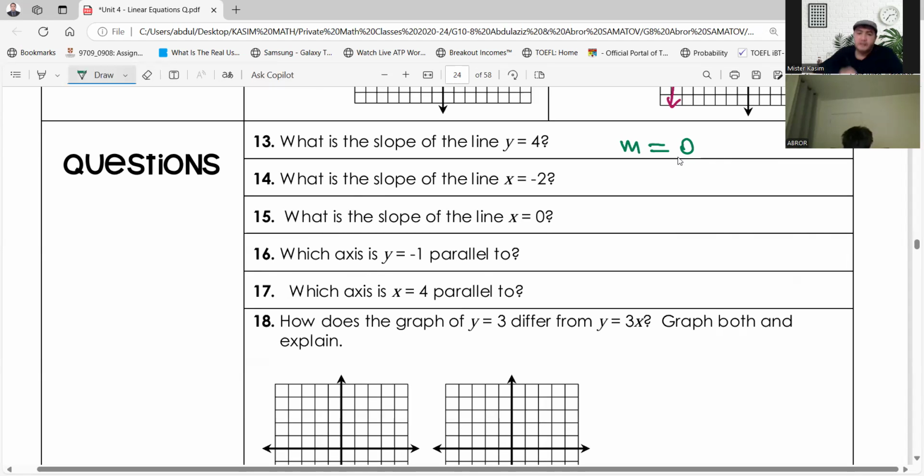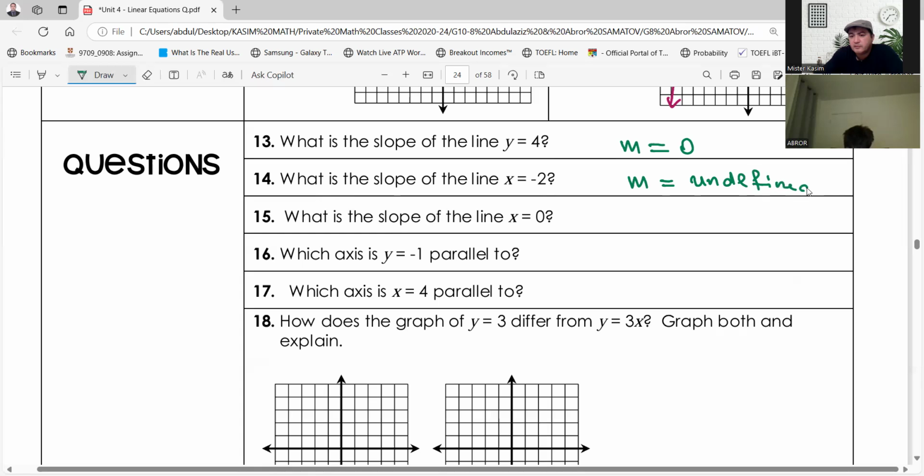And question 14, read it. What is the slope of the line x equals -2? X equals -2 is a vertical line. Slope? Undefined, right?